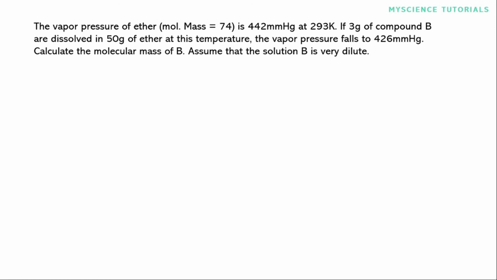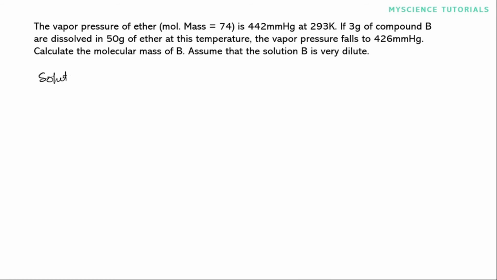If 3 grams of a compound B are dissolved in 50 grams of ether at this temperature, the vapor pressure falls to 426 millimercury. We have to calculate the molar mass of B. Assume that the solution is very dilute. This one, they are being specific. They told us that we are to assume that the solution B is very dilute. So let's look at the solution for that.